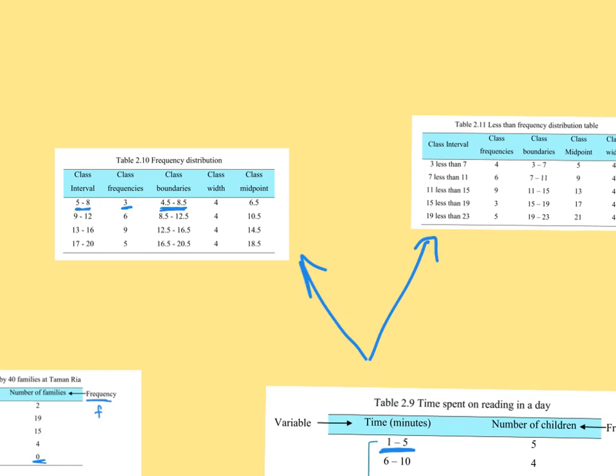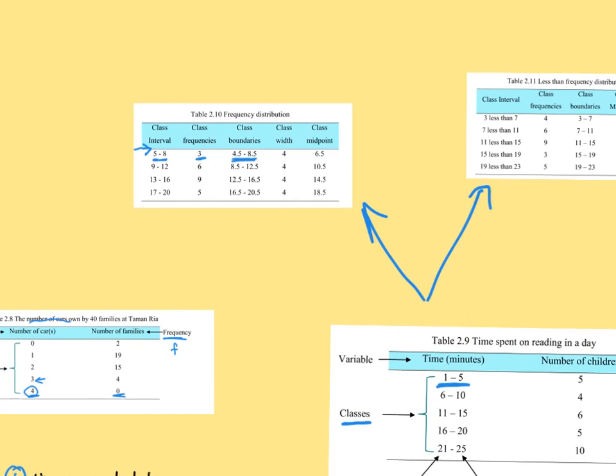We imagine that before this class, we have another class. The upper limit for the class before the first class is 5, so before that should be 4, maybe 1 until 4.